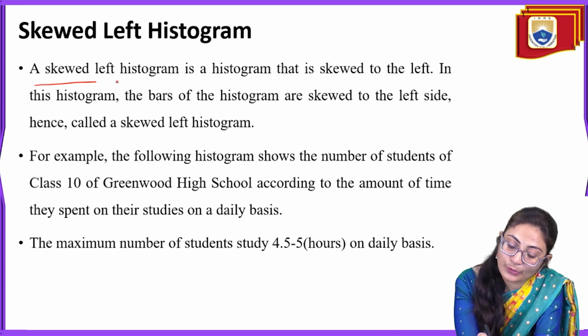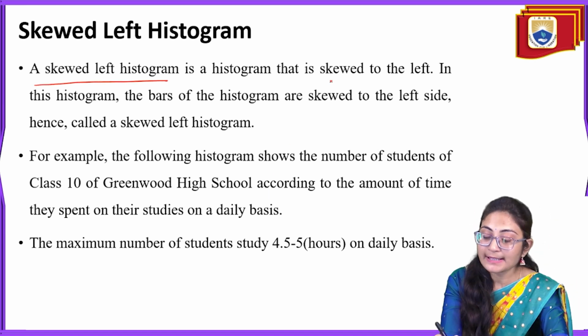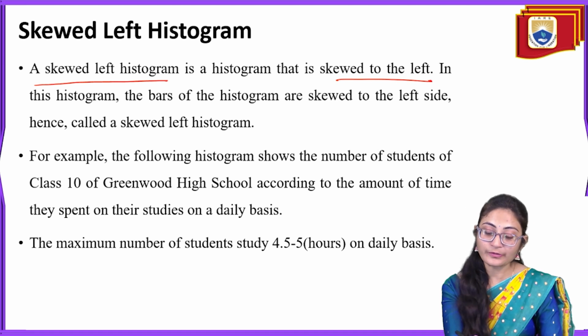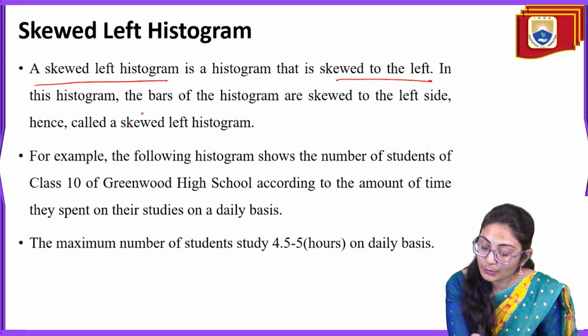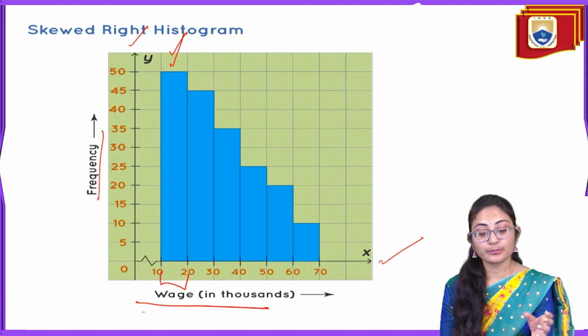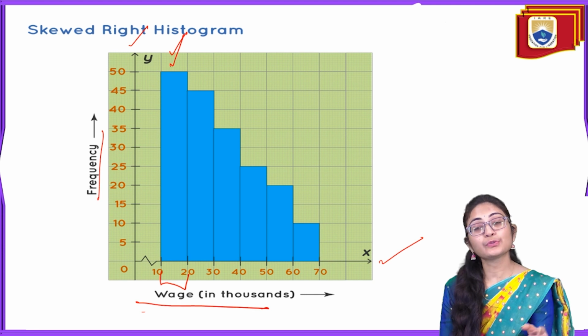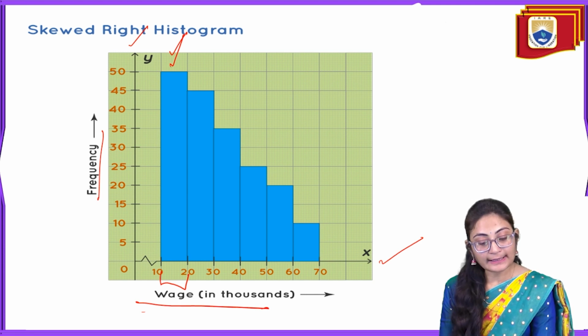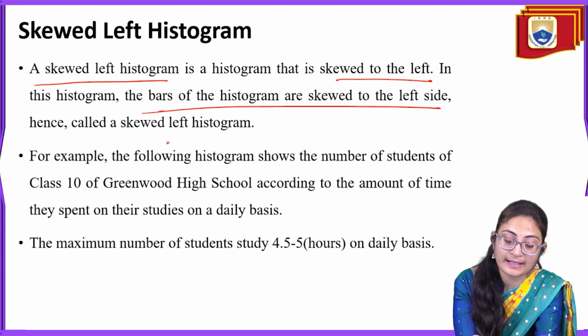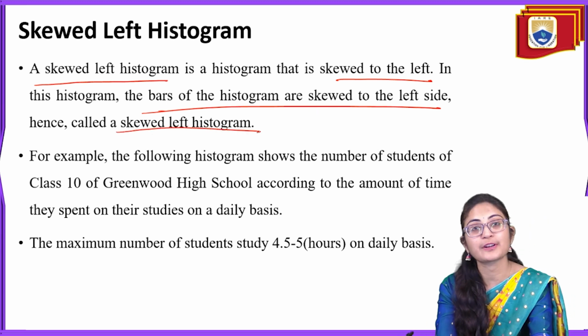The skewed left histogram is a histogram that is skewed to the left. In this histogram, the bars of the histogram are skewed to the left side. Here, your bars of the histogram are skewed to the right side, and here, your bars of the histogram are skewed to the left side, hence called a skewed left histogram.